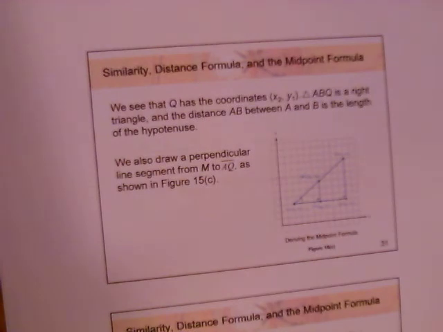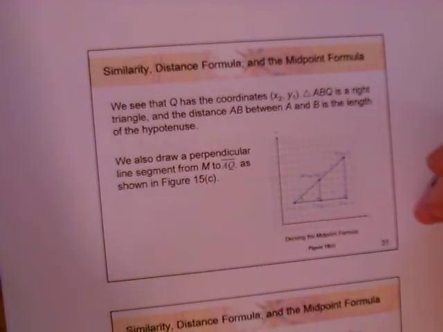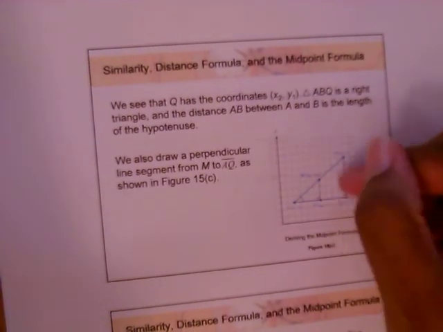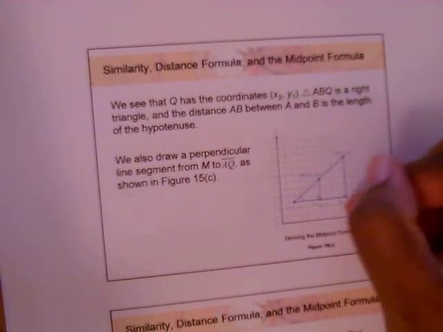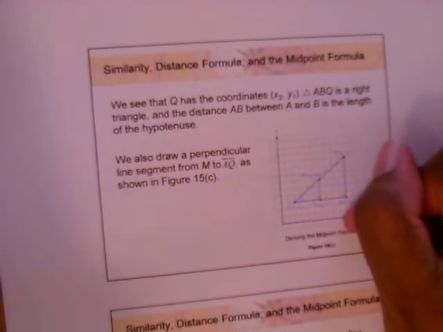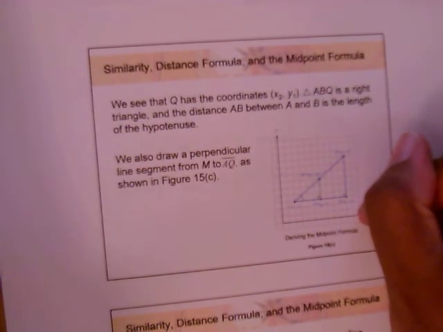And then next, we see that Q has the coordinates (x2, y1), and triangle ABQ is a right triangle. So here's ABQ right here. That is a right triangle. And Q has the coordinates (x2, y1).